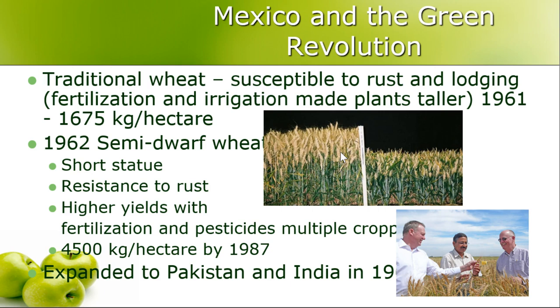So they created a product called semi-dwarf wheat, and this came out in 1962. It is short, it doesn't lodge, but it produces lots of wheat, and it is resistant to rust. And this is great. So they're getting higher yields partly because they're putting in lots of fertilizer and lots of pesticides. And it was very successful, and it eventually expanded into Pakistan and India in the late 60s.